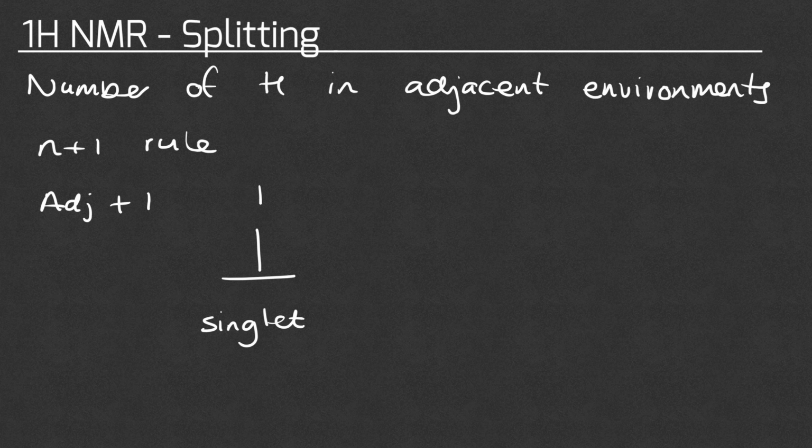You have to know the names given to the different types of split peaks. If N+1 equals 2, it means there is 1 adjacent hydrogen, as 1 plus 1 equals 2. This means our peak will be split into 2 peaks. And we call this a doublet.